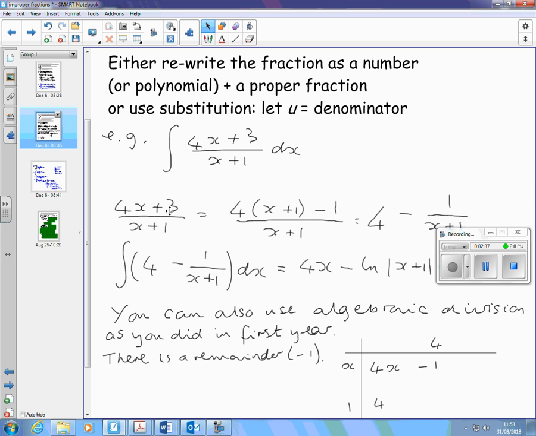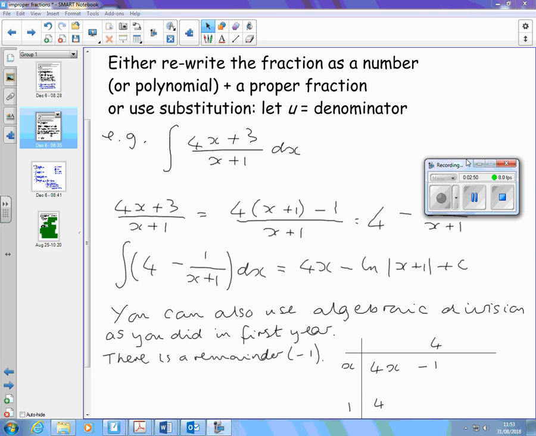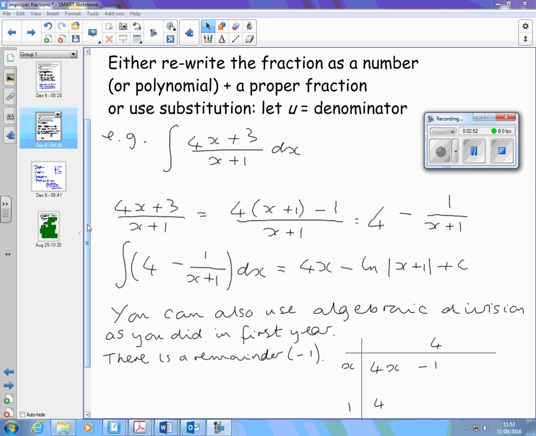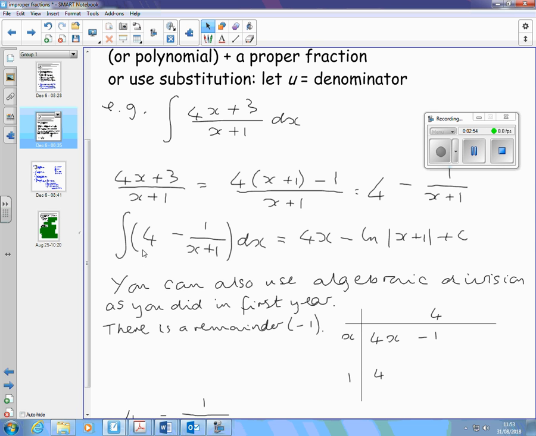And I want 4x plus 3. So I have to take away 1. Now I have 4 lots of x plus 1 over x plus 1, and that simplifies to just 4, minus 1 over x plus 1. And now I have an integral with two parts, each of which I can integrate.